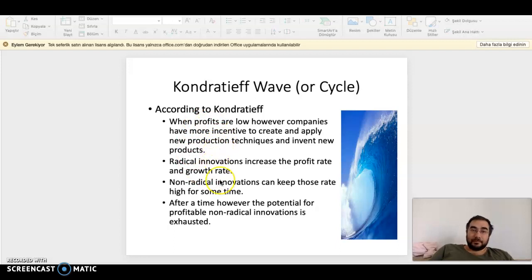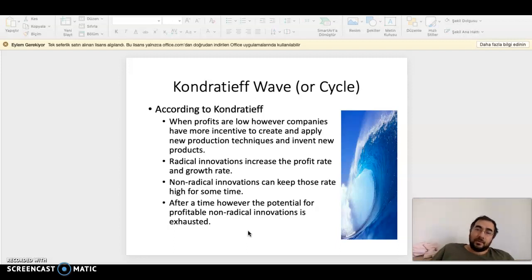The Kondratiev wave goes in this way. We can start at any point, because the wave will always return to the same point eventually. But let's start from the point where the profits are low.